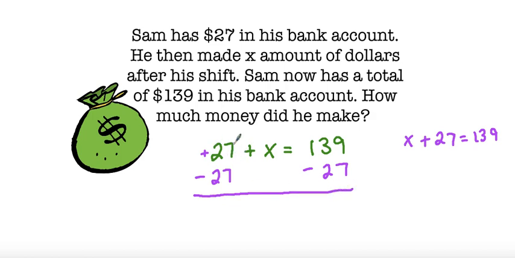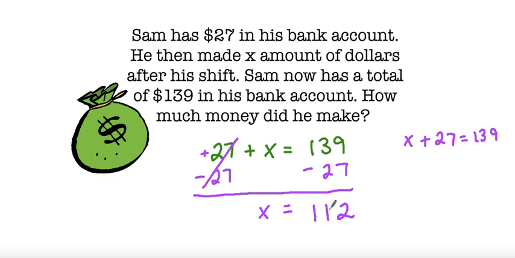And I know that this is 0, so that cancels out. And on the left side, I'm left with x is equal to, and now we're going to do 139 minus 27. 9 minus 7 is 2. 3 minus 2 is 1, and 1 minus 0 is 1.